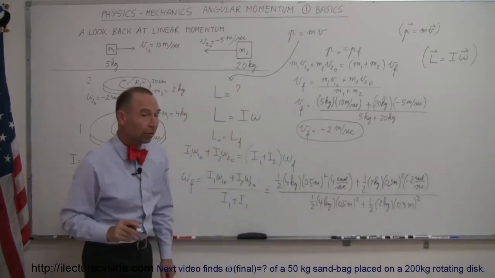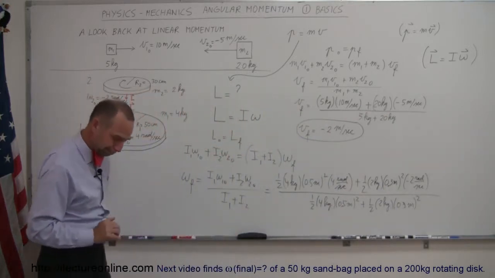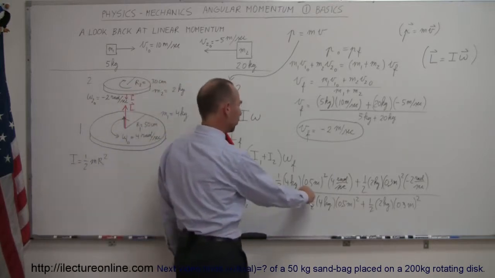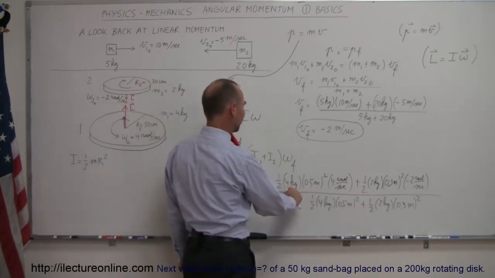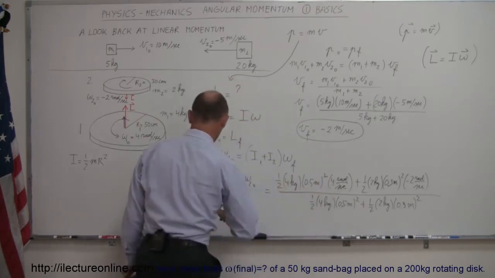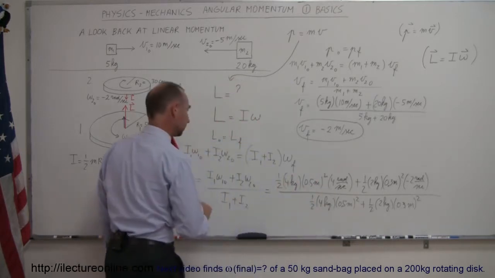All right, so all we have to do now is work that out. Maybe we can do this without a calculator. 0.5 squared is 0.25, times 4 is 1, times 4 is 4, times 1/2 is 2. So this is equal to 2.